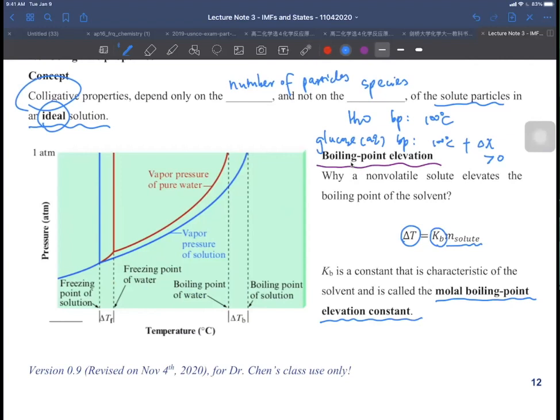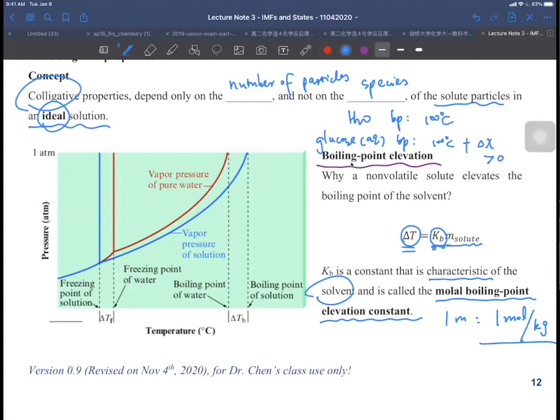Basically, it means when the molality of the solute is 1 m, meaning 1 mole of solute dissolved in 1 kilogram of pure solvent, the delta T will be just Kb. So this is the meaning of Kb, a constant which is characteristic of the solvent, right? It depends on the solvent, but it does not depend on the molality. It does not depend on the temperature.